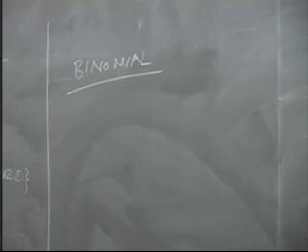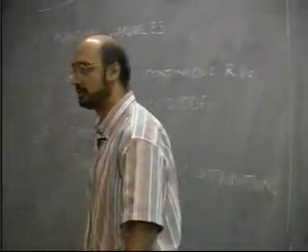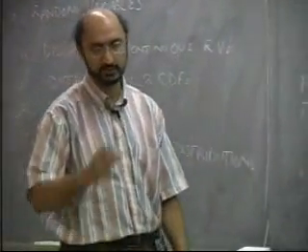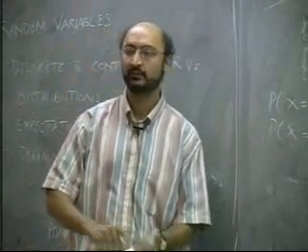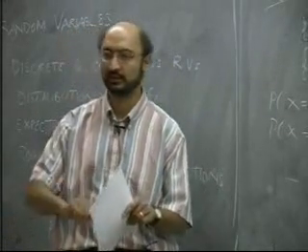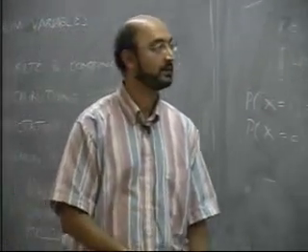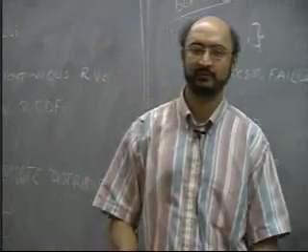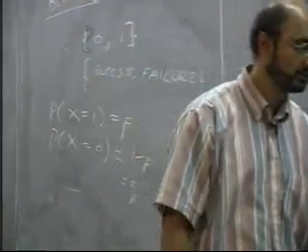A binomial is a sequence of Bernoulli trials. We have an experiment. It can be success or failure, but you're going to do it many times. Success or failure, success or failure, and what we want to know is how many successes did we have, right? So a kind of normal thing to expect.